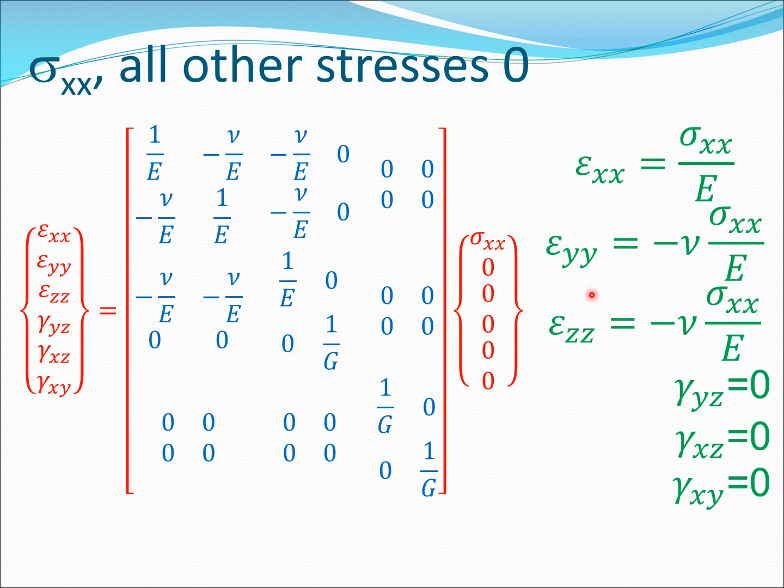So the first two equations are enough for you to estimate Young's modulus and Poisson ratio for an isotropic material, and of course you can calculate G very easily from the formula I showed in the previous slide. But if you are somebody who likes to do experiments, you can also calculate G by doing an experiment and only applying a shear stress here. That's something you can check out and see.